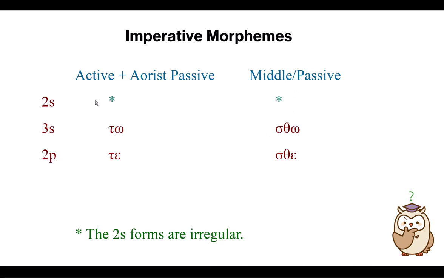For second plural, active and aorist passive, we have te, and for middle passive, we have sthe. And then for the third plural, active and aorist passive, we have tosan, middle passive, sthosan. Notice how similar these are. To, stho, te, sthe, tosan, sthosan.